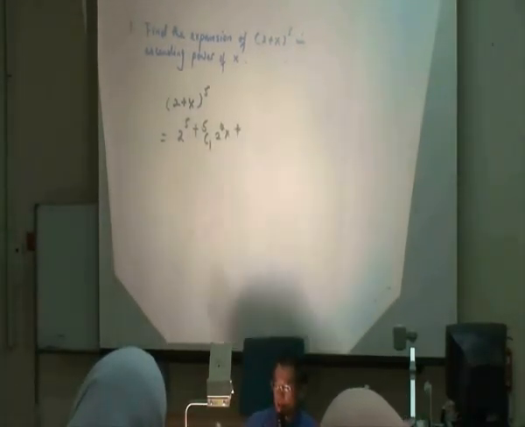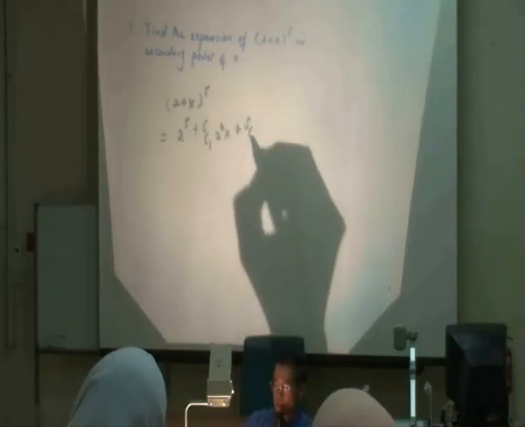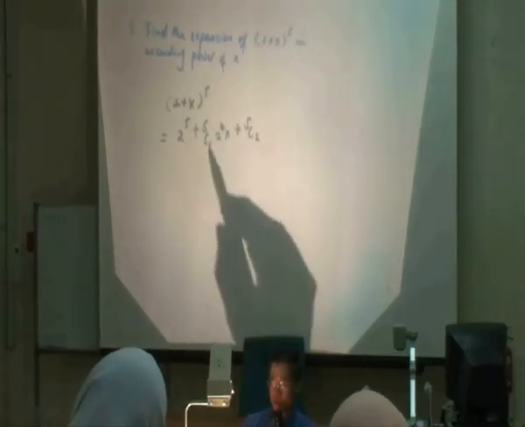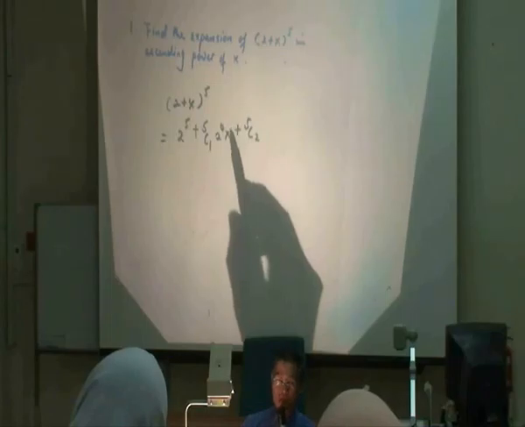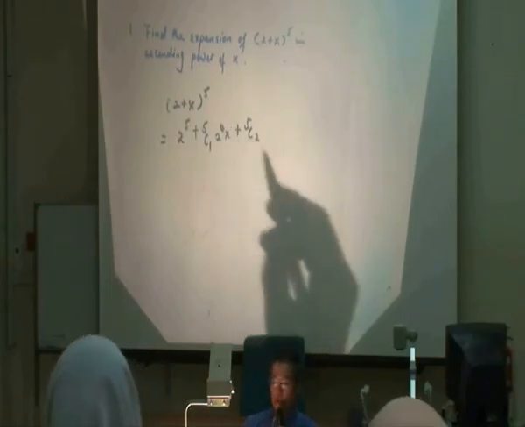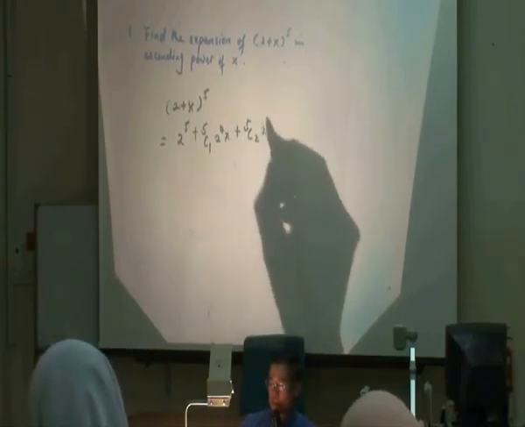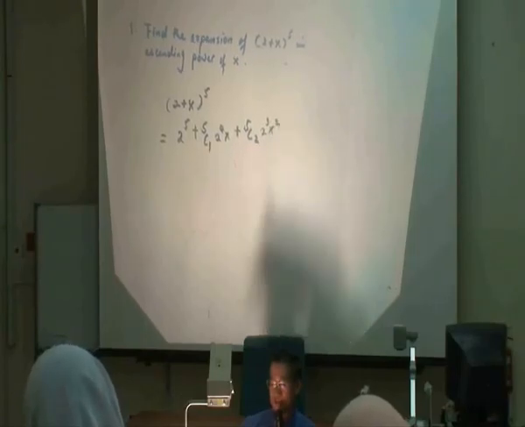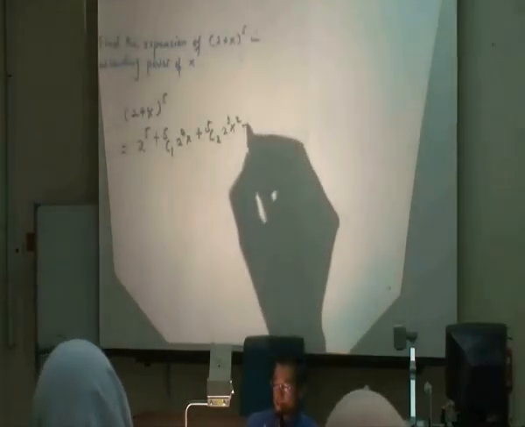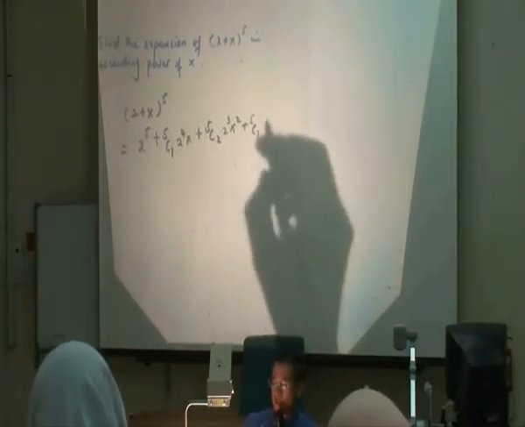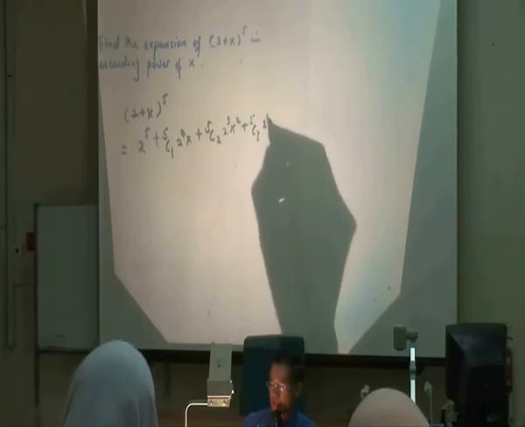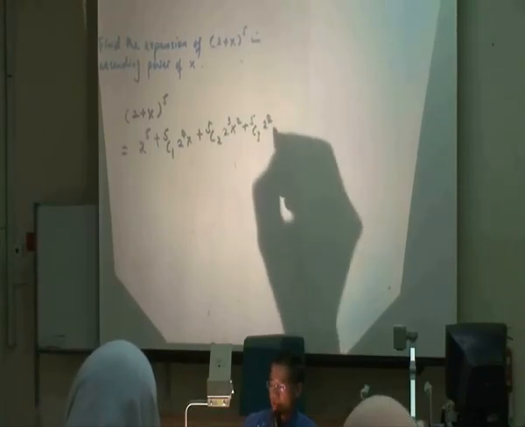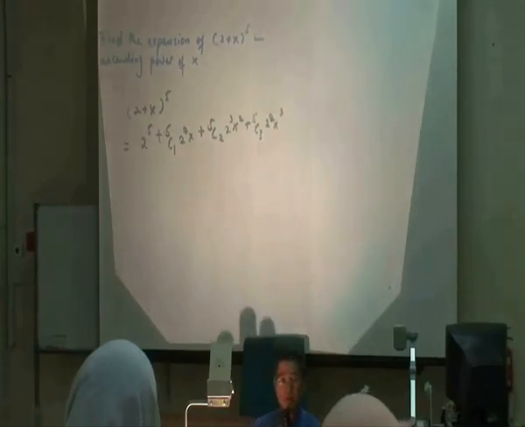Correspondingly. So add 5C2, alright? So you notice here we follow the power of x, alright? 5C2, 2 cubed, x squared, right? Followed by 5C3, alright? 2 squared, x cubed, alright?